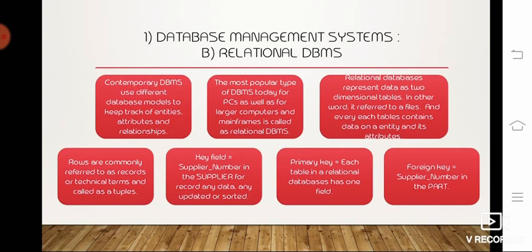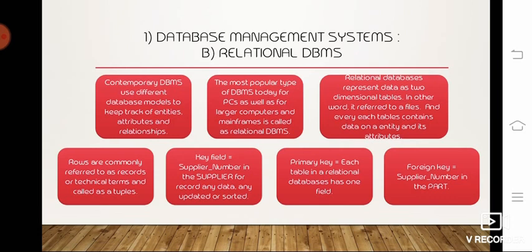Relational databases represent data as two-dimensional tables, in other words, files, and each table contains data on an entity and its attributes. Rows are commonly referred to as records, or in technical terms, tuples.